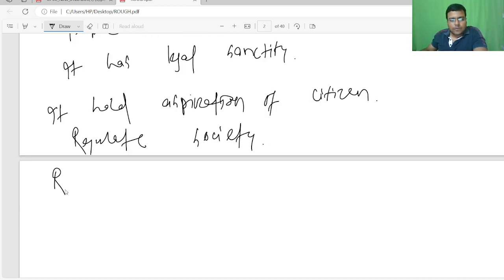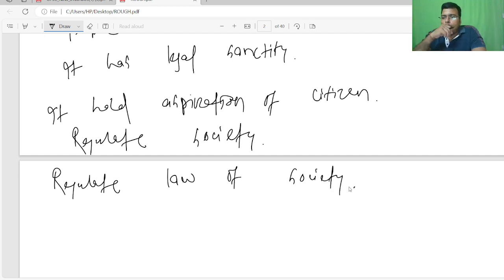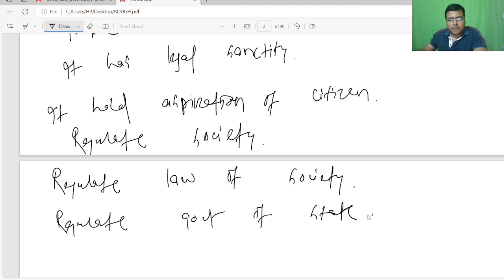It also regulates the law of society. So this is the Constitution. It holds the aspirations of people, legal sanctity, people have faith in it. It regulates the society, it regulates the law of the society. We can call it regulating the government of the state or the government of the nation.